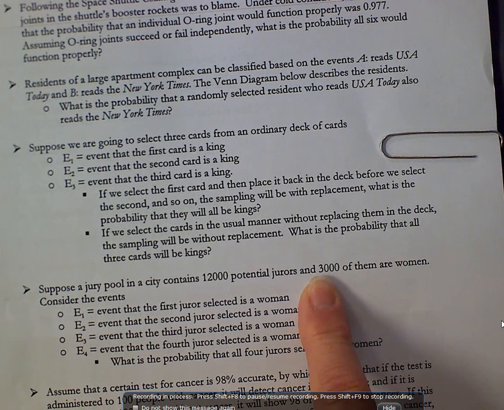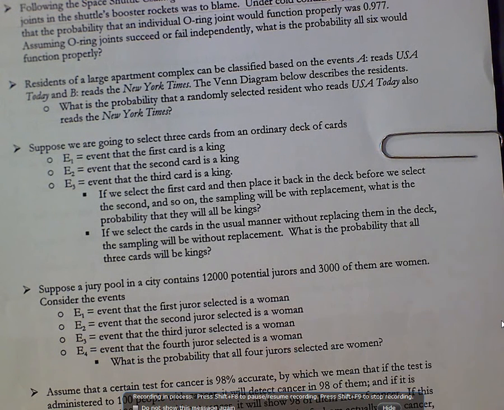And we want to know the probability that if we pick 3 jurors, all 3 of them will be women, okay? Now, in this situation, let's figure it out. First, by replacing the first juror we pick and then replacing the second juror, okay? What's the probability?